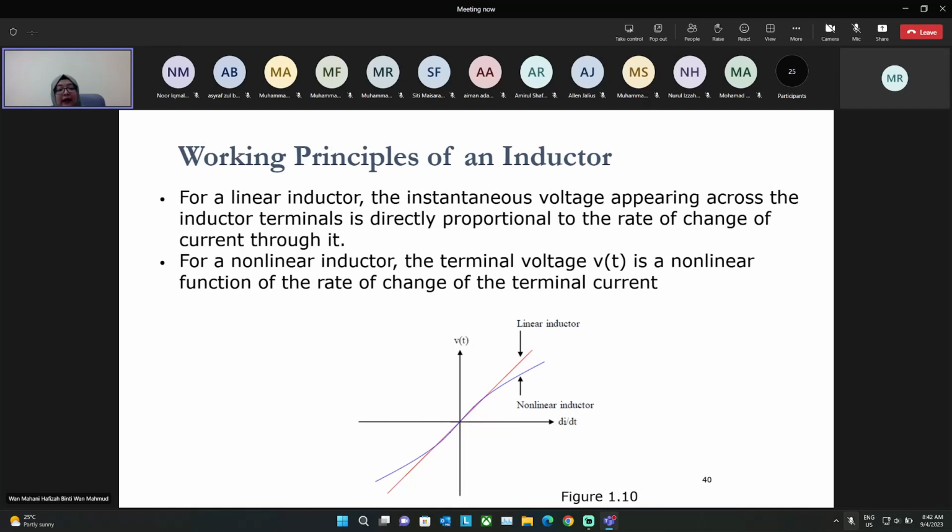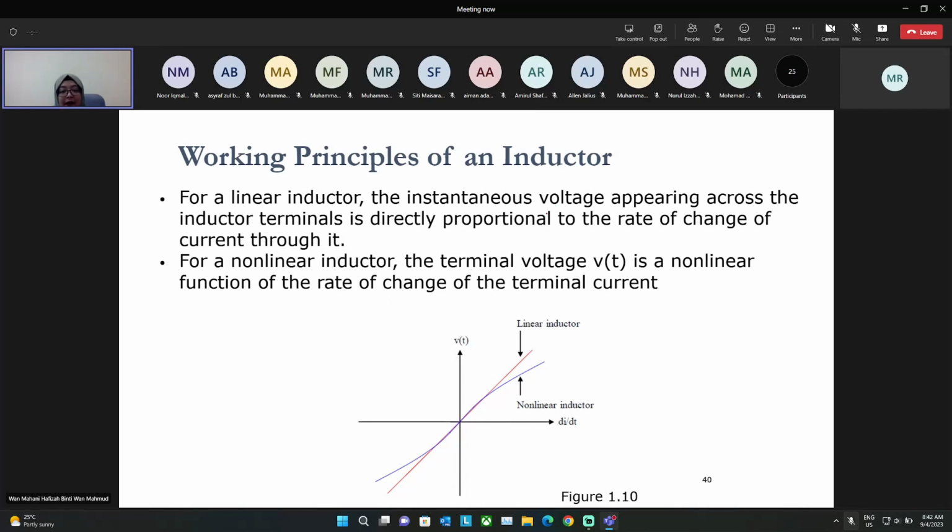Okay, so let's look at the working principle. Macam mana inductor ni berfungsi. So for a linear inductor, the instantaneous voltage appearing across the inductor terminals is directly proportional to the rate of change of the current through it.